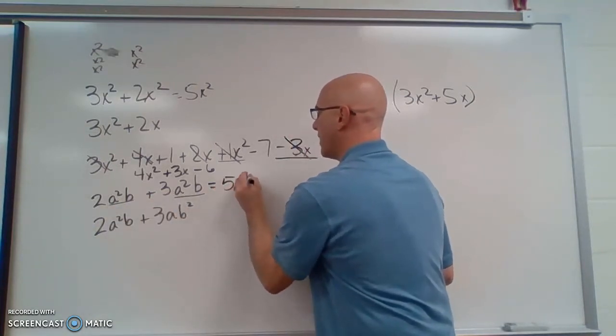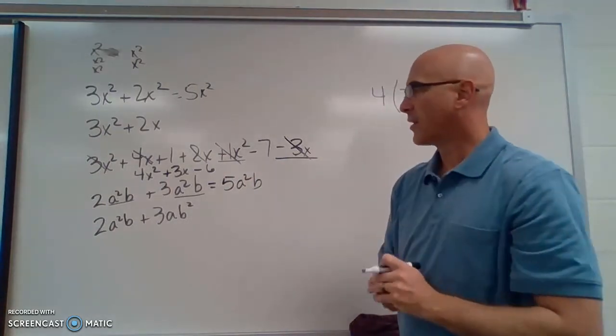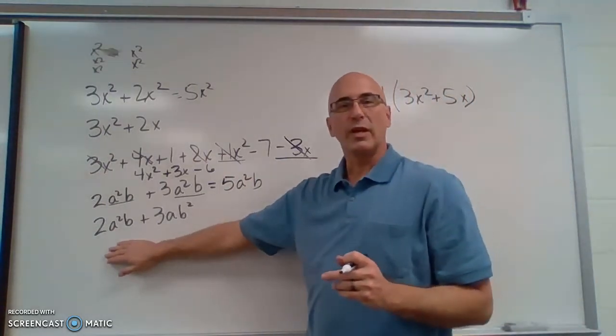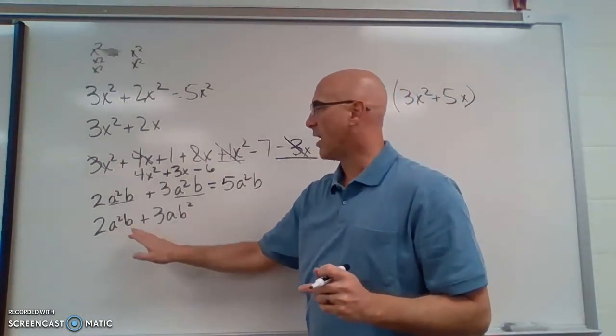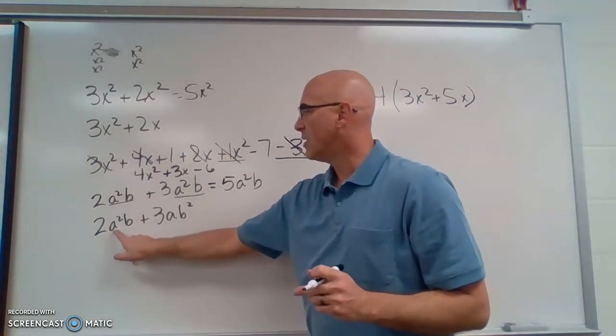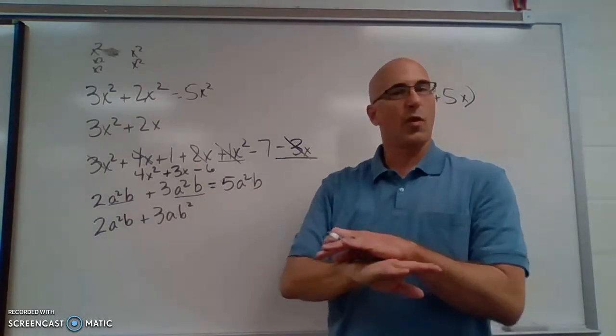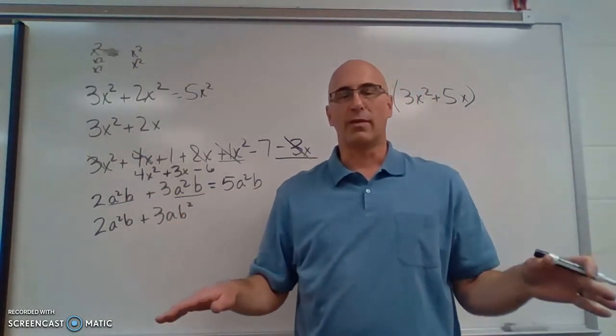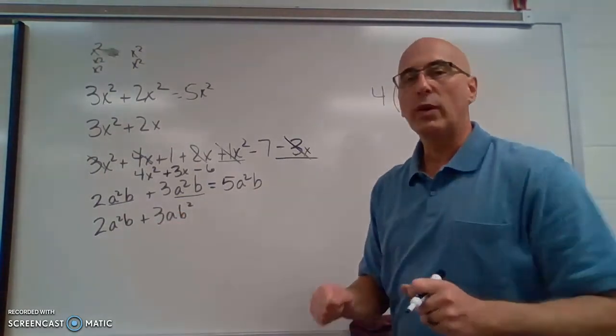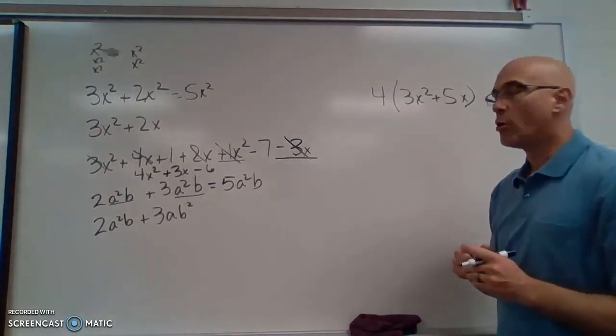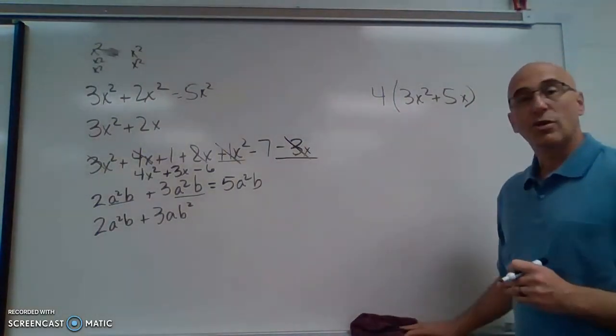That's 5a squared b. Now this one looks really similar, but you have to be very careful. 2a squared b plus 3ab squared. Those are not the same. We cannot combine those.